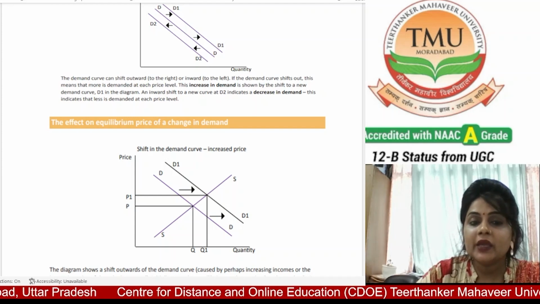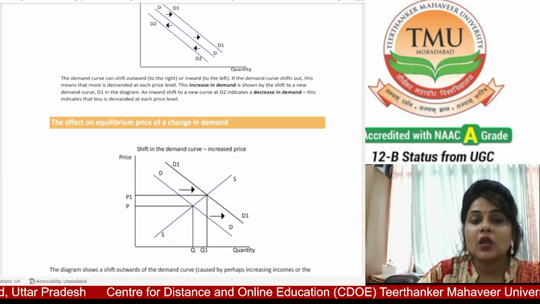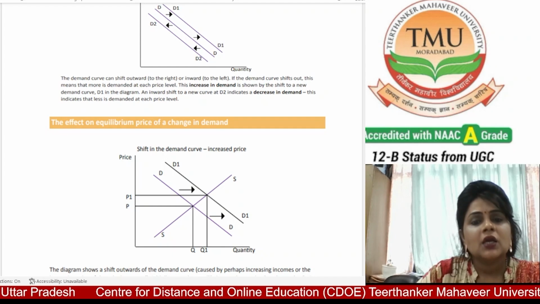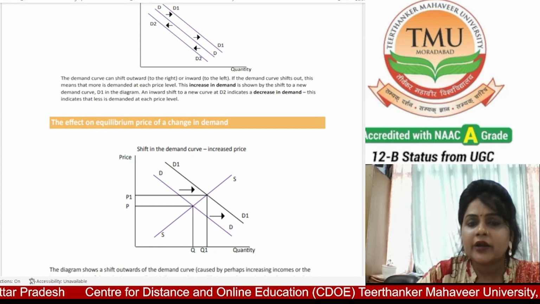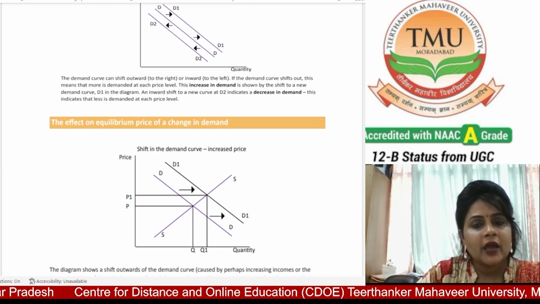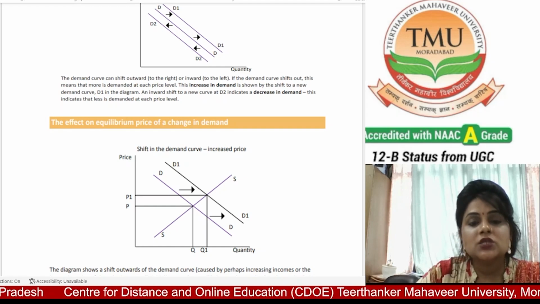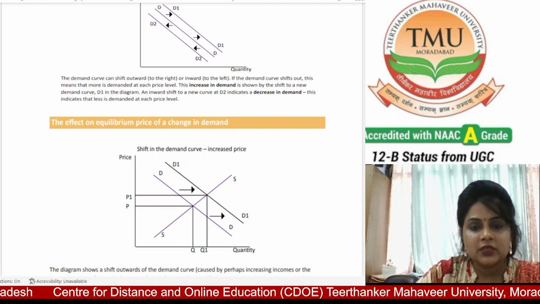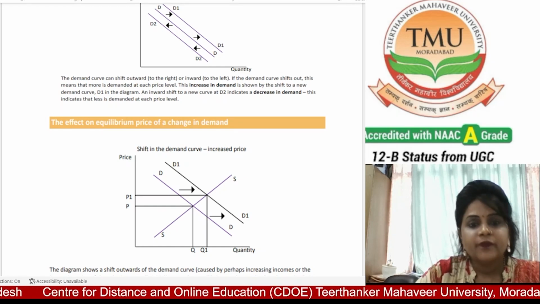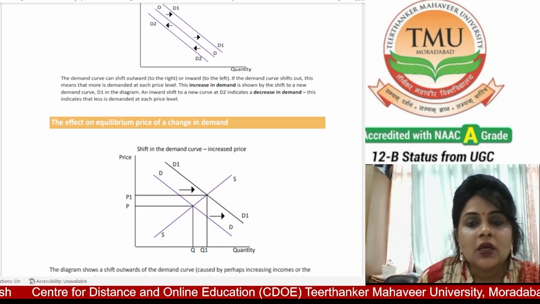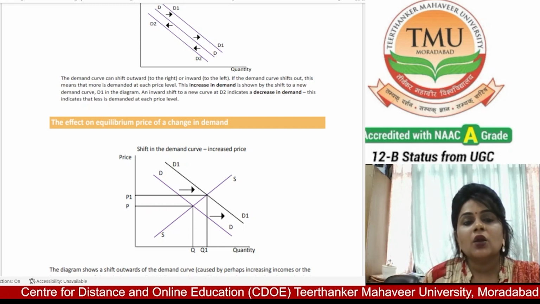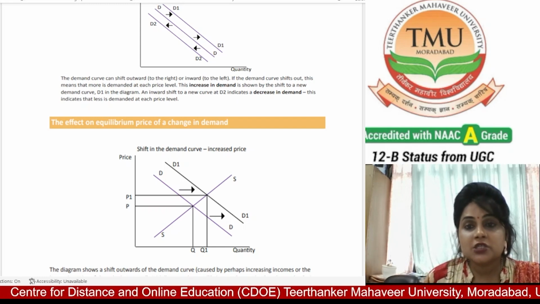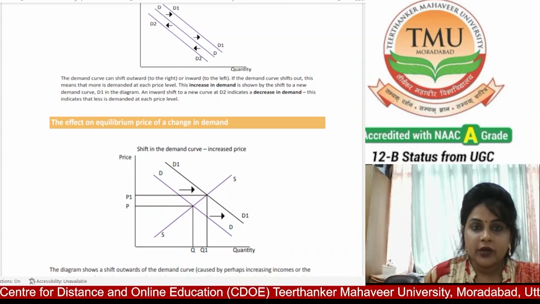So as income increases, the demand for cars, holidays, and electronics also increases. A fall in income will cause the demand curve to shift inward.